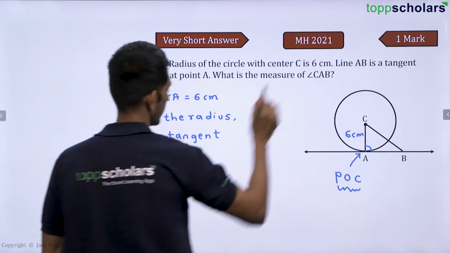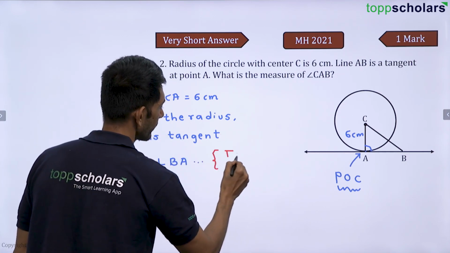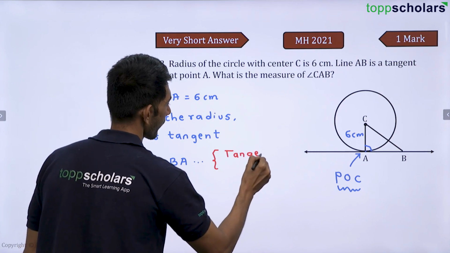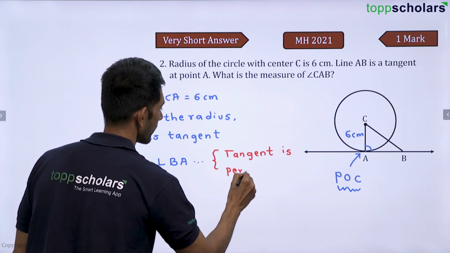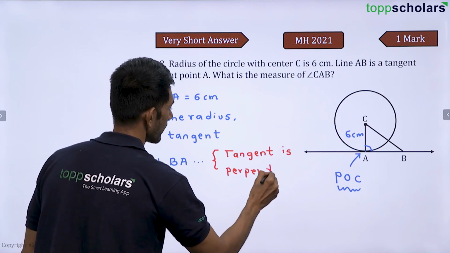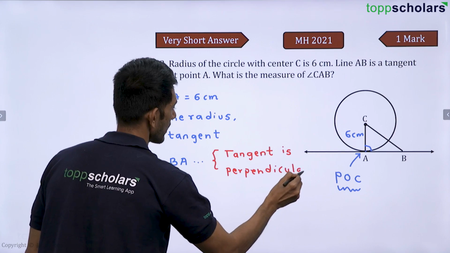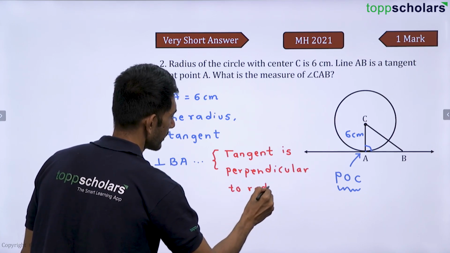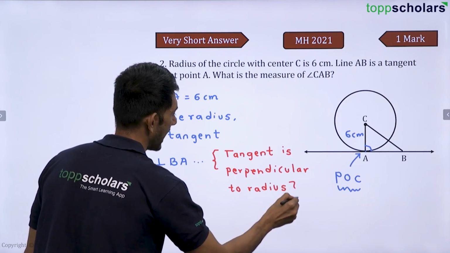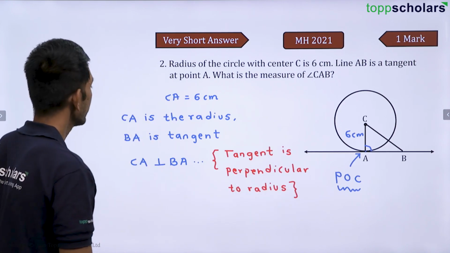And what is the reason? The reason is tangent is perpendicular to radius, correct? At the point of contact. So CA is perpendicular to BA.